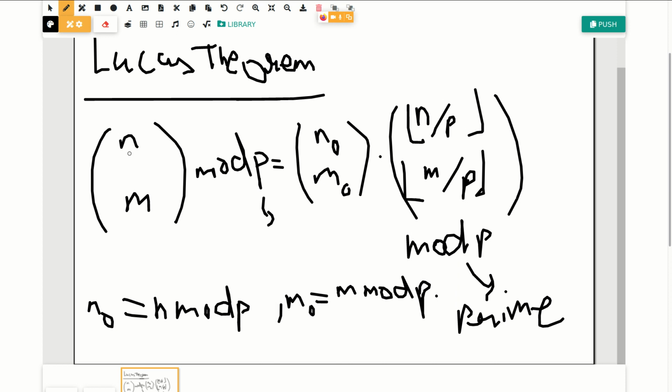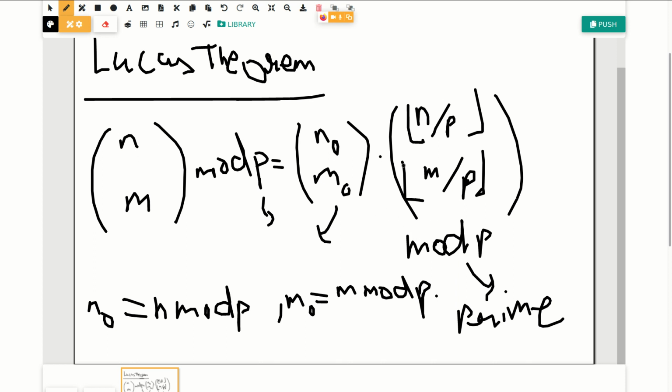Because we can calculate NCM very fast under modulo P. So we can pre-calculate the combinations of N naught and M naught for each N naught and M naught pair possible. Because P is very small, these values would range from 0 to P minus 1 and 0 to P minus 1 again. So we can calculate them for all possible combinations of N naught and M naught, and that would take P square time to calculate.